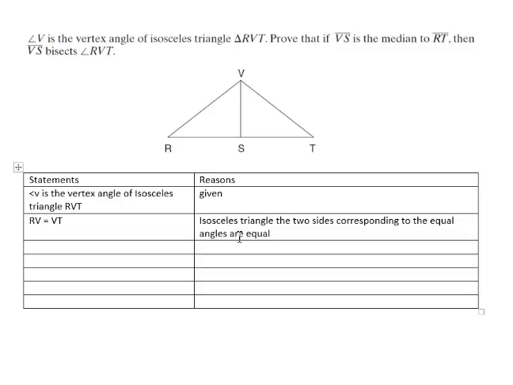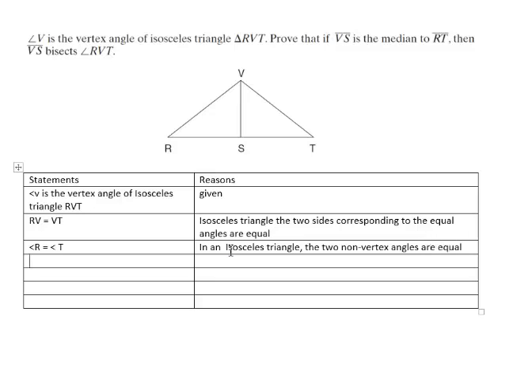And by the same token, we'll say angle R is equal to angle T for the same reason. Again, because in an isosceles triangle, the two non-vertex angles are equal.